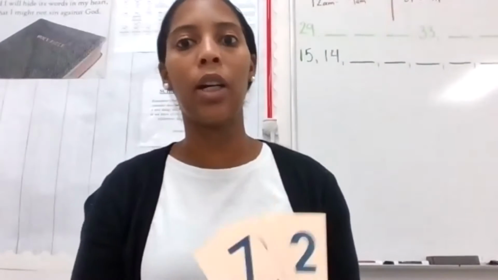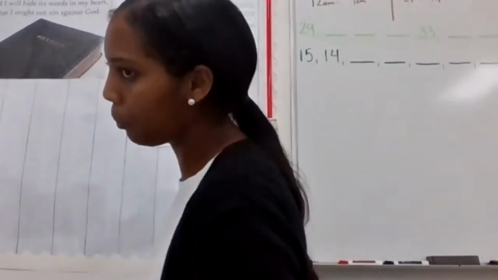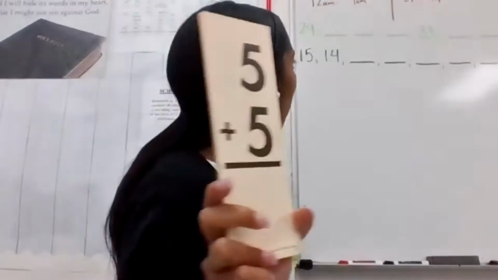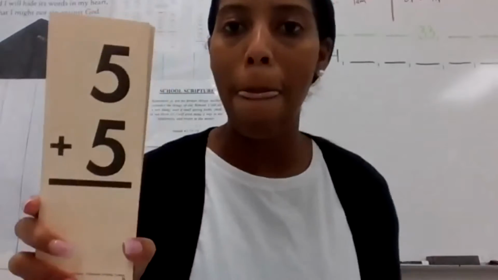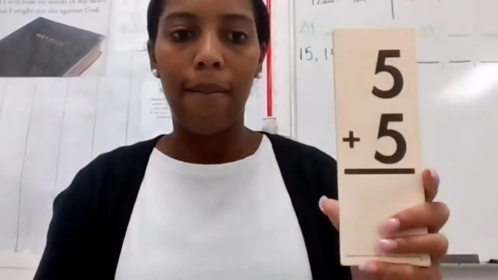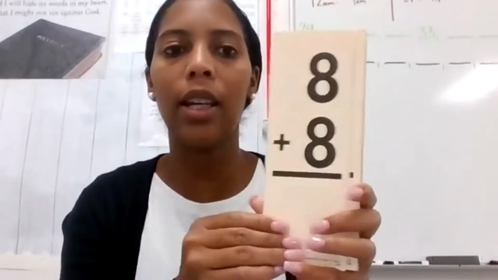All right, so I'm going to call you all individually to answer these facts for me. So let's see. Joshua, can you tell me what's 5 plus 5? You're on mute. 10. Good, 10. Okay, Faith, 8 plus 8. 16. Good.